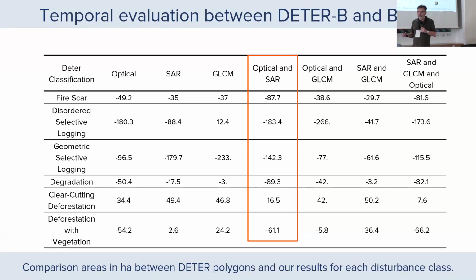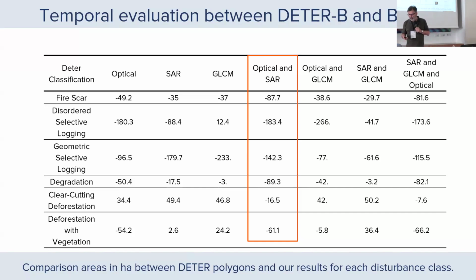The first measure is the temporal evaluation. What is a temporal evaluation? The temporal evaluation is the time between the first signal that is obtained by the time series analysis compared with the time which is flagged by the visual interpreter.